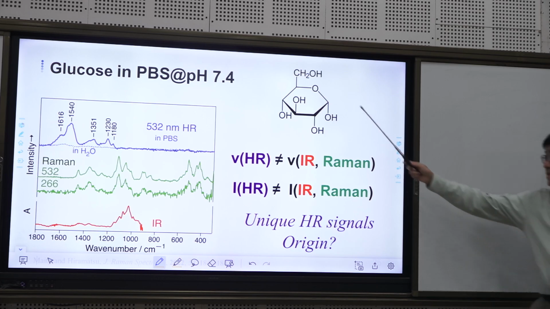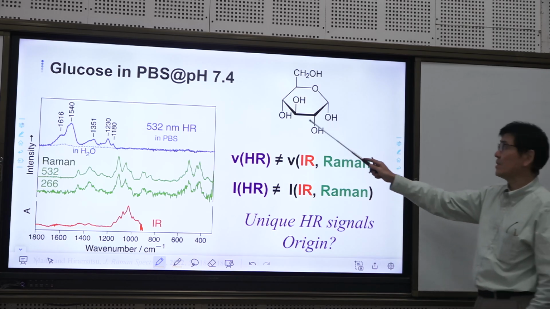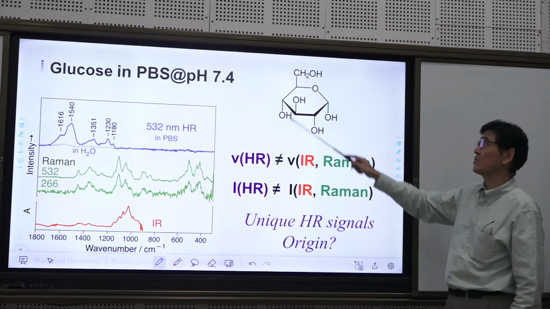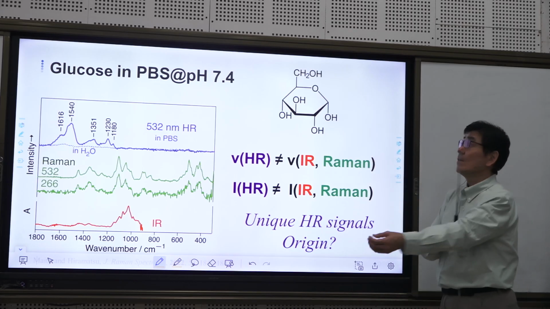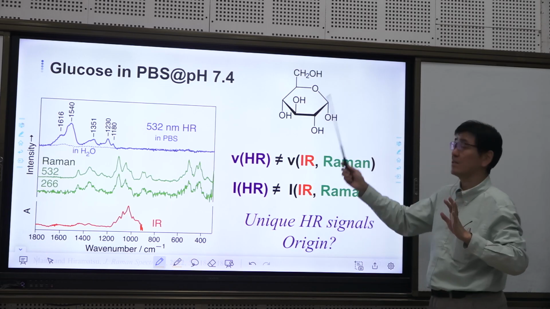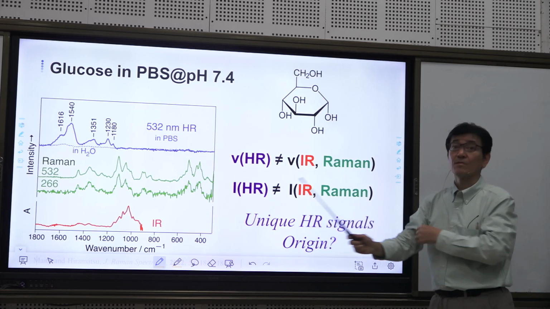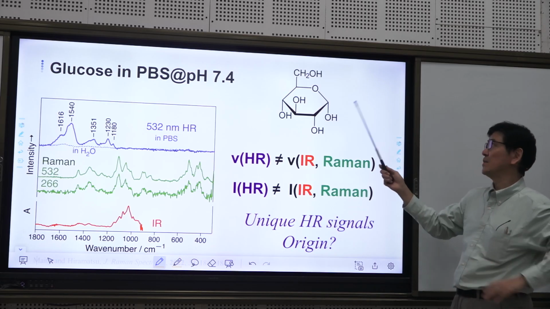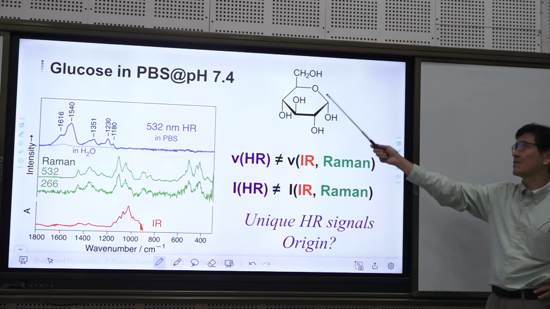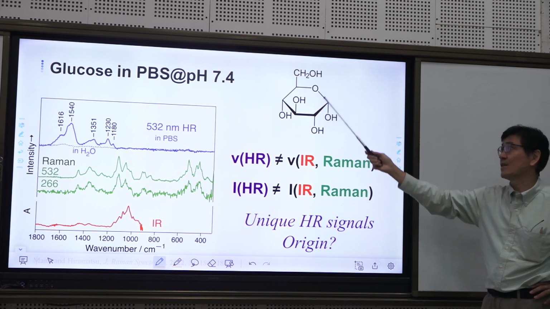This is the result of glucose, and we chose this molecule as a fundamental sugar molecule, the smallest sugar molecule in the sense of biology. But from the viewpoint of chemistry, it is still large enough: 6 carbons, 6 oxygens, 12 hydrogens.